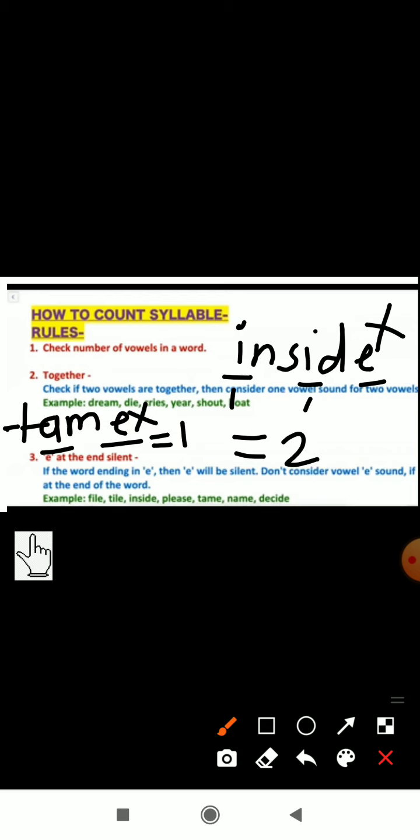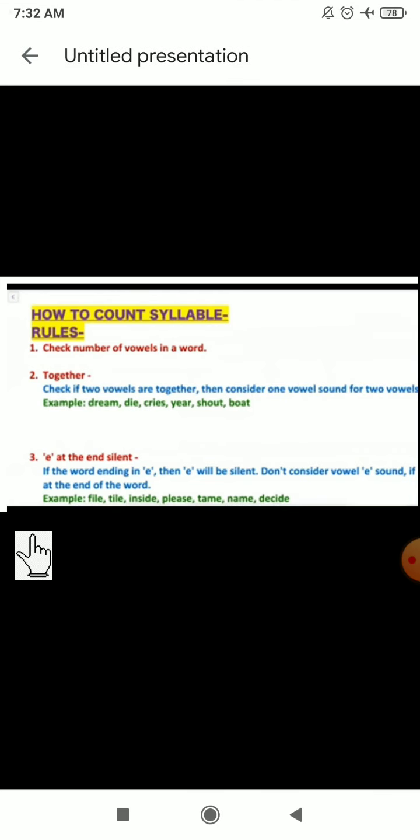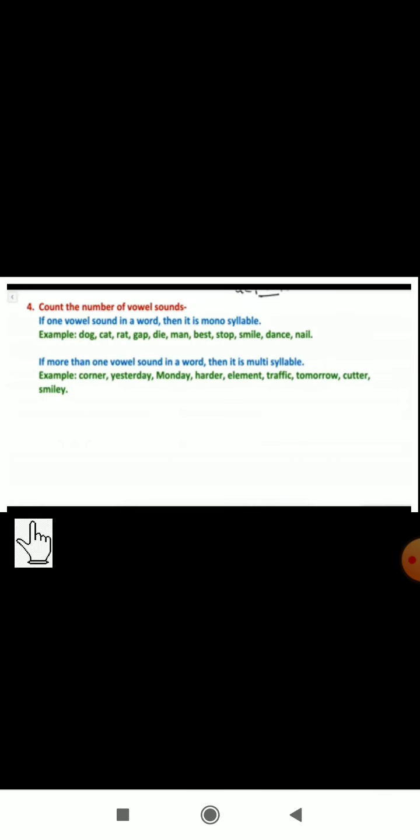Now moving to the fourth rule. What is the fourth rule? Count the number of vowel sounds. Yes, we have to count it. How to count? If there is one vowel sound in a word, then it is monosyllable.